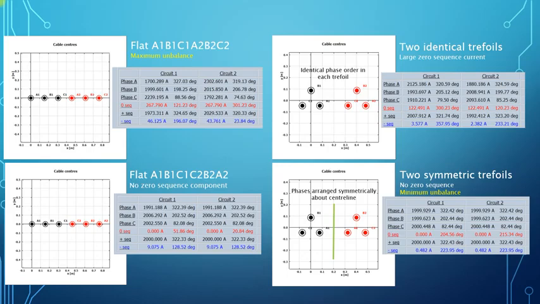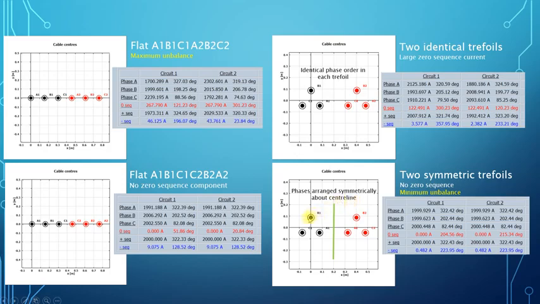If we swap the positions of A and C to create this flat arrangement, which is symmetrical about the centre line, the zero sequence current is eliminated. If we have two trefoils with identical phase order in each trefoil, then we will get a large zero sequence component of current.